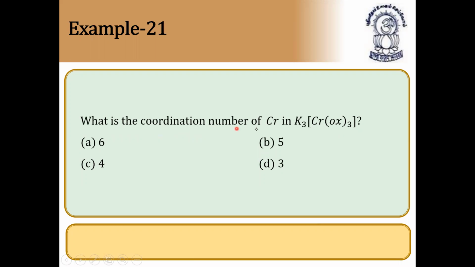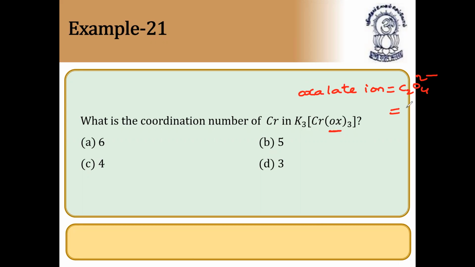What is the coordination number of chromium in K3[Cr(ox)3]? ox means what? Oxalate ion. Oxalate ion is nothing but C2O4 2 minus. It is a bidentate ligand.